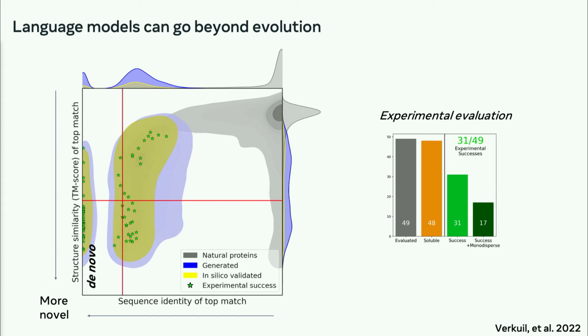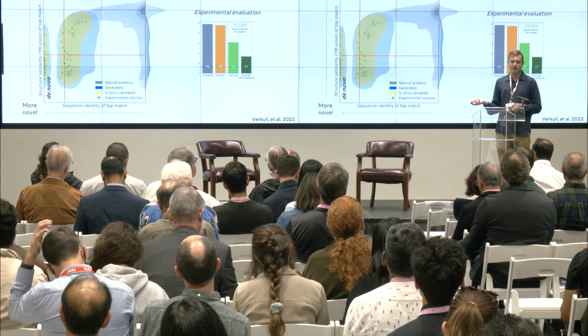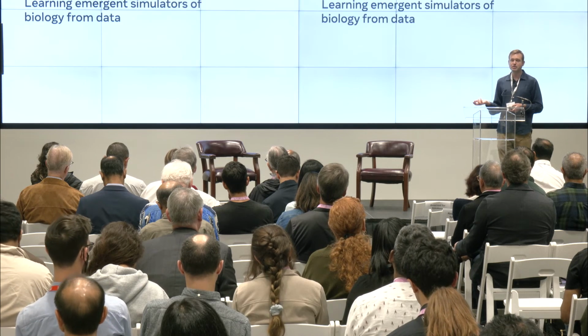And so anything below the red line is predicted to be a different fold. And so within this quadrant, basically, of proteins that are really novel from a sequence standpoint, we also see a high experimental success rate, so 63% success rate. And so that's really suggesting that these models have learned some deep underlying design principle of the biology.